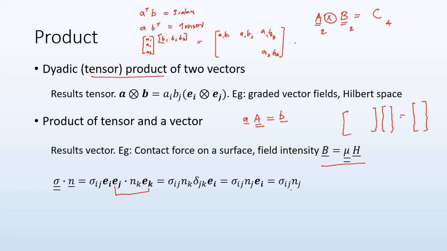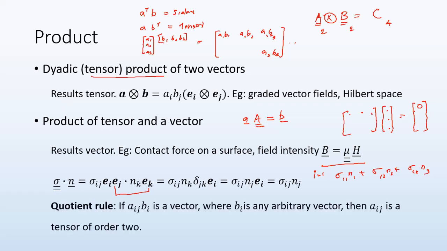Here j is the dummy index, and say for i equal to 1, this tension can be written as sigma i1 n1 plus sigma i2 n2 plus sigma i3 n3.